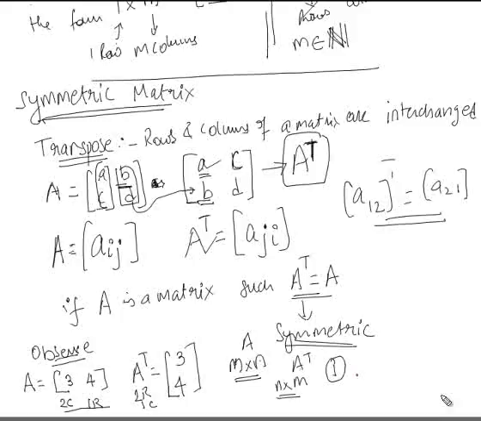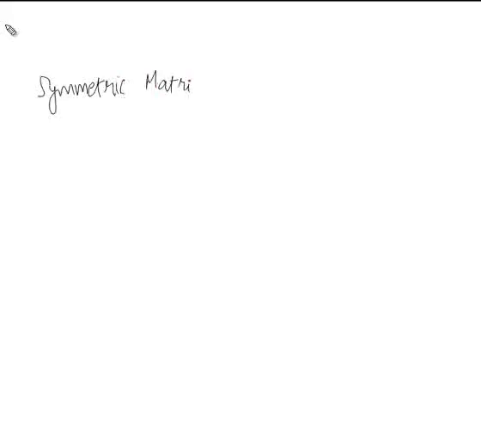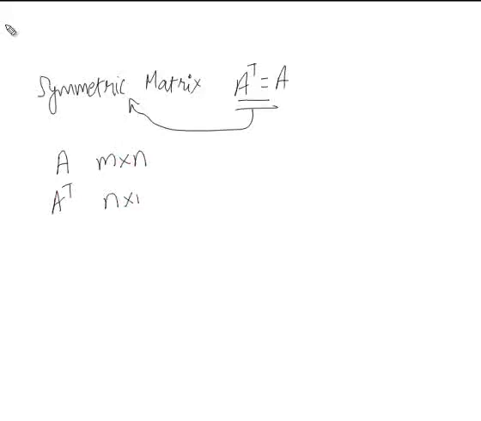Now let us go for the second observation. Let us make a few more observations here. Okay. What do I mean by a symmetric matrix? A transpose equal to A. Then I say A is a symmetric matrix. Correct. This is what I mean by symmetric. Now what was the last result we saw? If A is an m cross n matrix, A transpose will be an n cross m matrix.